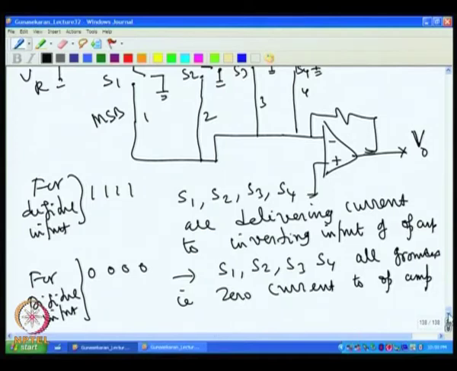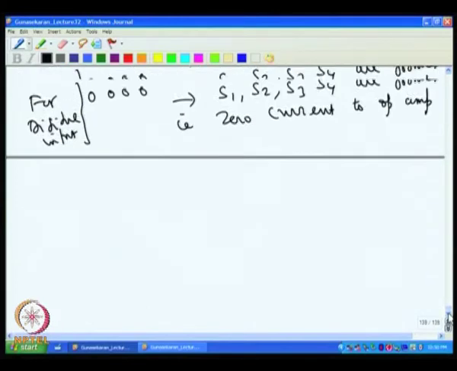Depending on the digital value, whenever it is 1, the current is delivered to the op amp; if the digital value is 0, the current is delivered to ground.